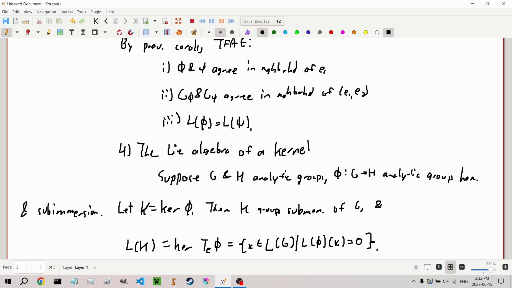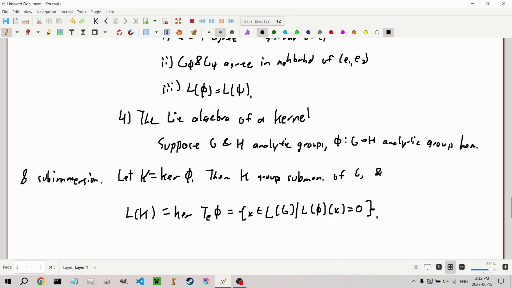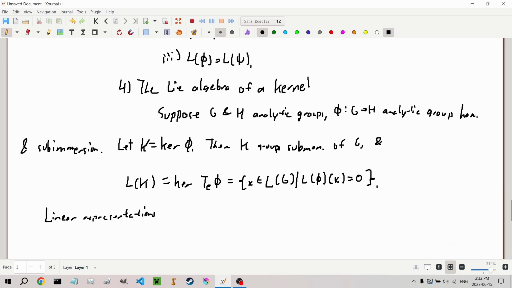So our next topic in this chapter is going to be linear representations, not whatever it was that I said. So we let G be a Lie group and V be a vector space.